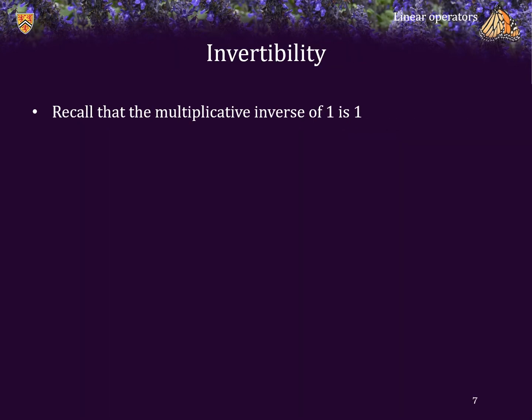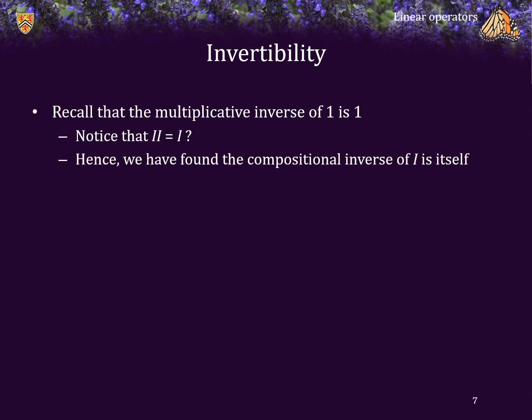Now, recall from fields, the multiplicative inverse of 1 is 1. Well, notice that I composed with I, or I times I, is equal to I by definition. Hence, we have found the compositional inverse of I, and it is itself.